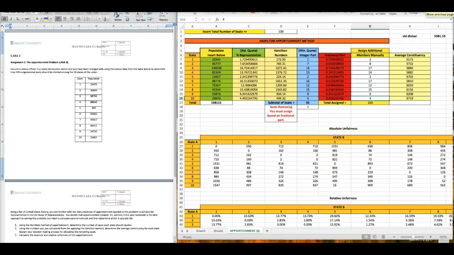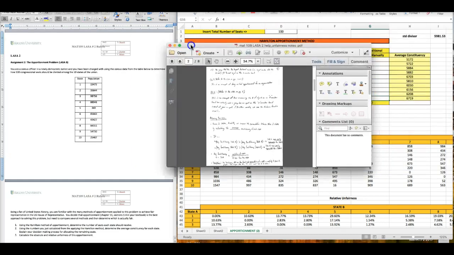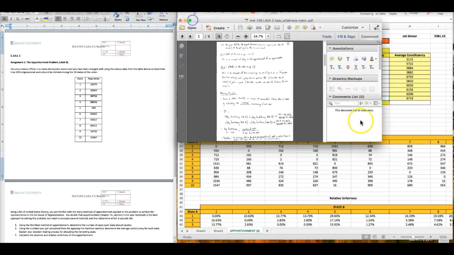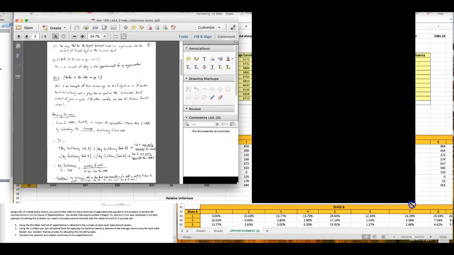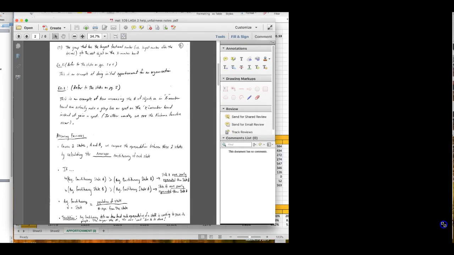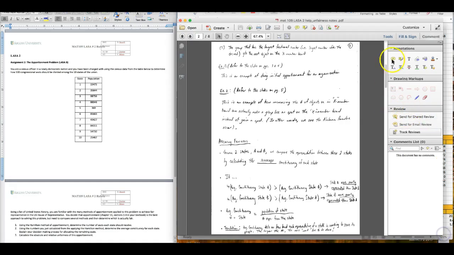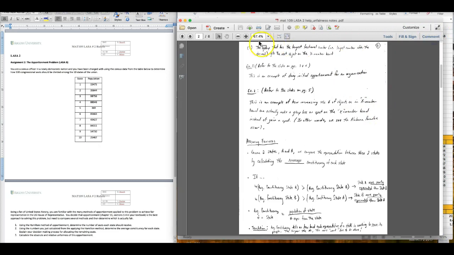There is a document called Math 109 LASA 2 Help, Unfairness Notes. I'm going to show those to you and go to the page where we have the basic information that we need to calculate what we're going to be doing next. So I'm going to bring these in and make this a little bigger.